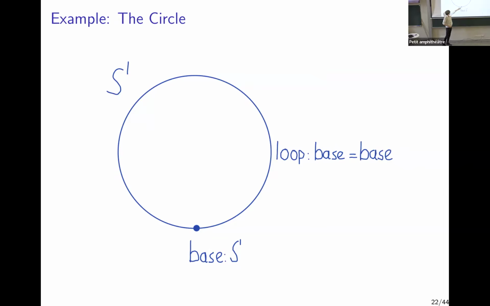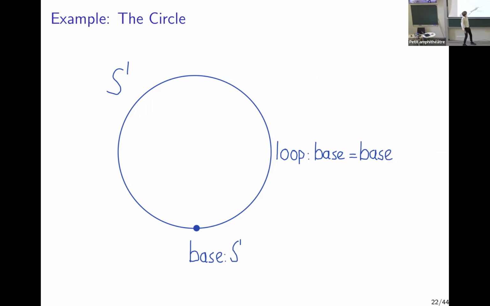First option, we do nothing. That is just the reflexivity path. So base is equal to base, and we take this path. We just stand still, and that's it. But it is a circle, meaning we can also go around, and I don't want to jump, so I don't do the whole circle. And we can also iterate that.